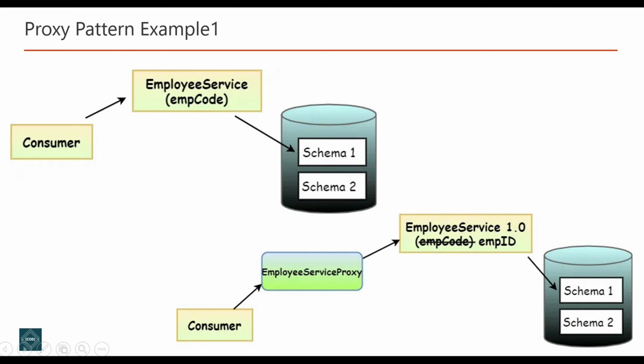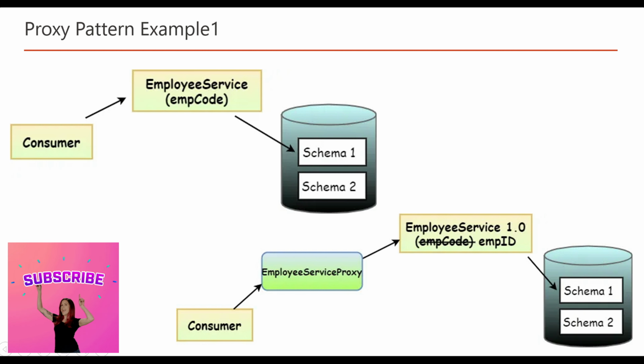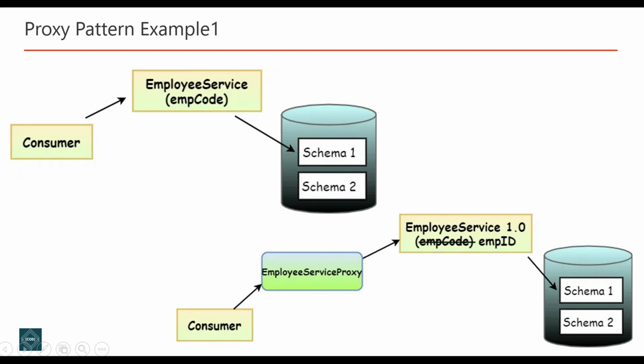But the newer version of the service expects the employee ID as the input. So as a solution for this, we can use the proxy design pattern in this scenario. Proxy microservices design pattern is slightly similar to the aggregator, but instead of aggregating the response from various services, this pattern makes calls to other services based on the business requirement.